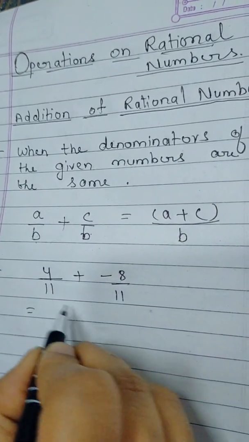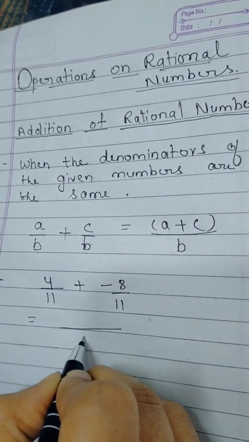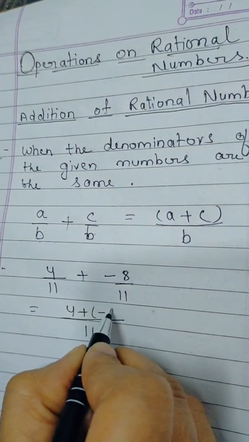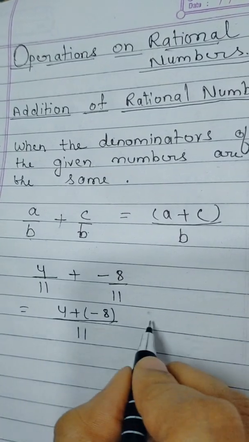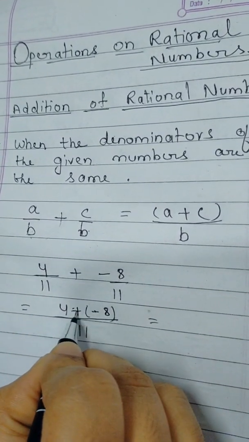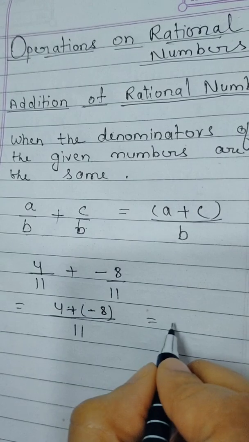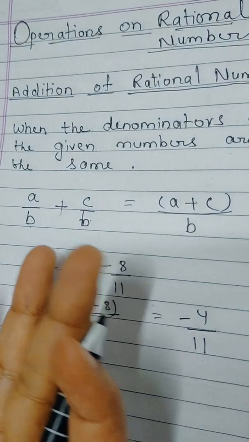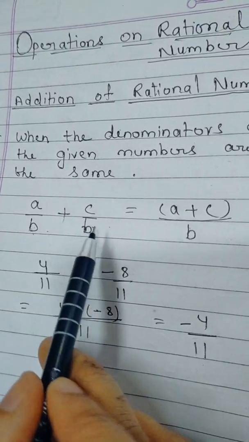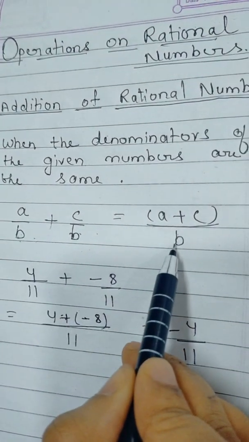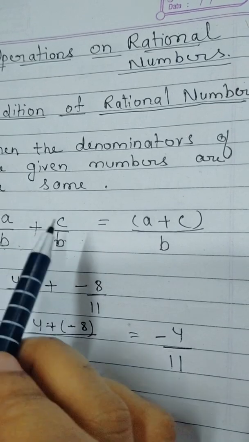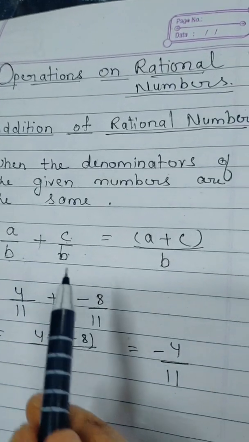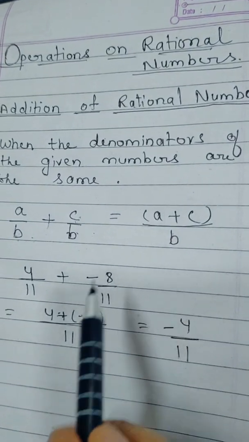We will write the common denominator 11 and simply add 4 and minus 8, that is 4 minus 8 equals minus 4 by 11. So we write the common denominator in the solution and simply add the numerators. This is case 1, when we have the same denominator.